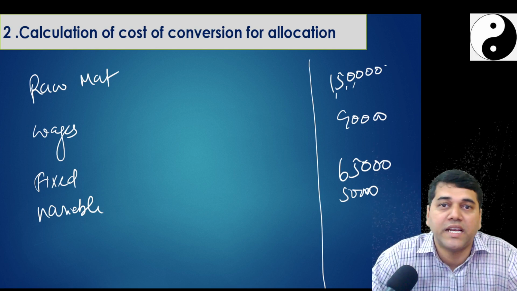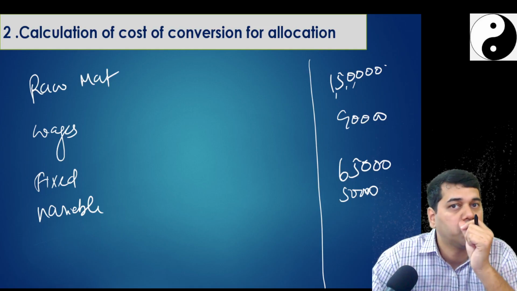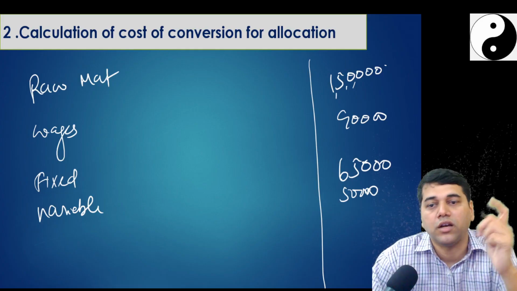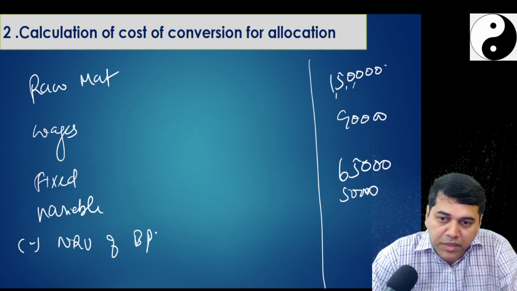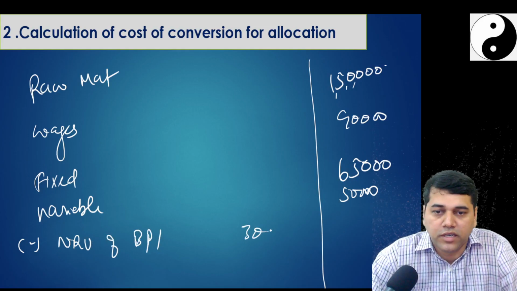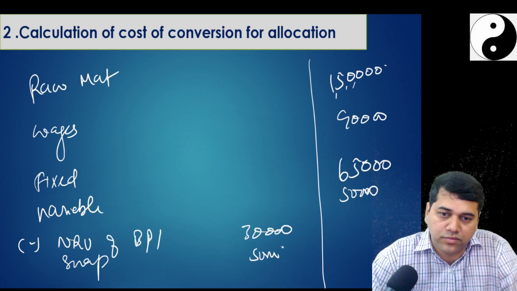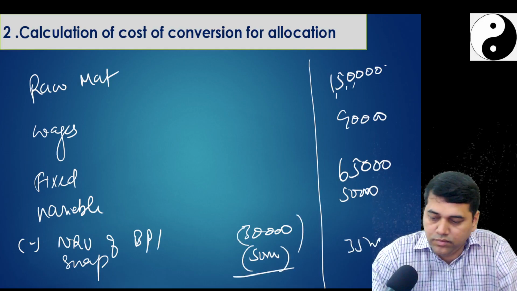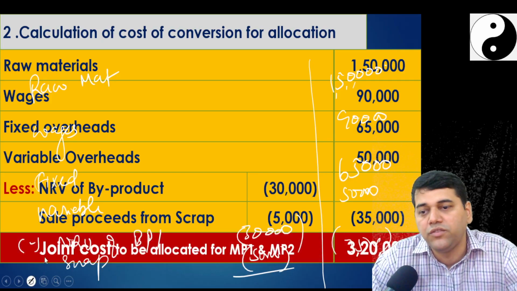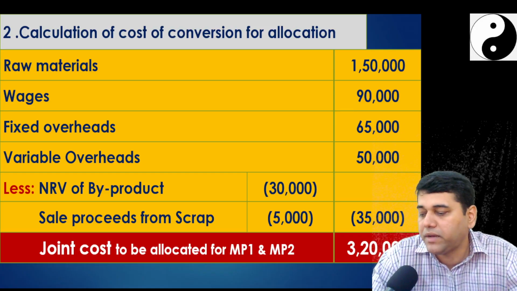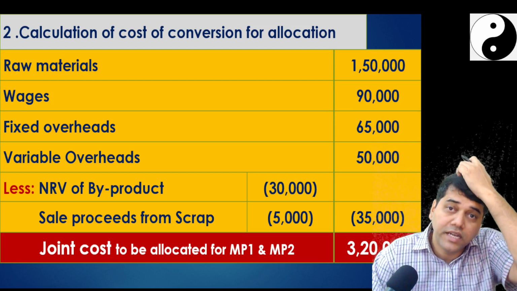But what does my standard say? In this process, you got byproduct and some scrap. What you should do? You deduct the NRV of BP1, 30,000, scrap 5,000. So this is your total cost of conversion, which you need to split between MP1 and MP2 based on relative selling price.